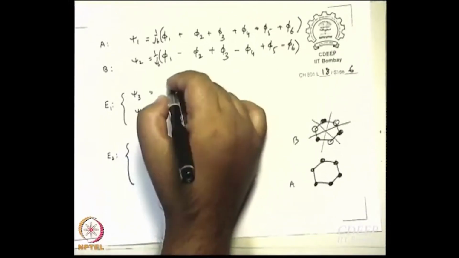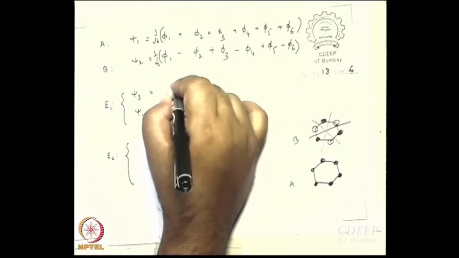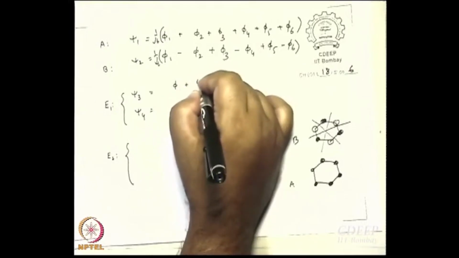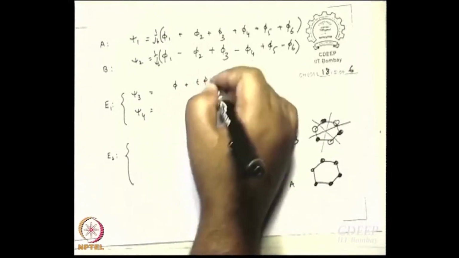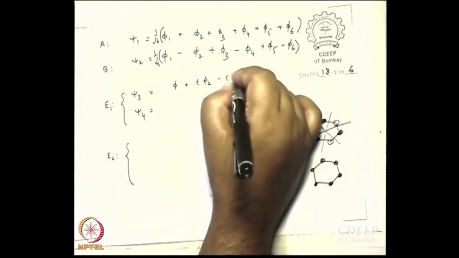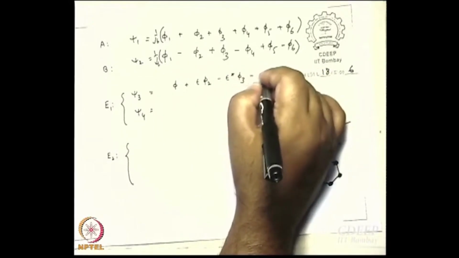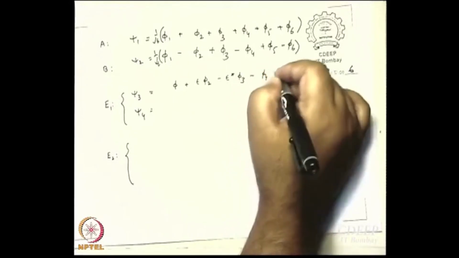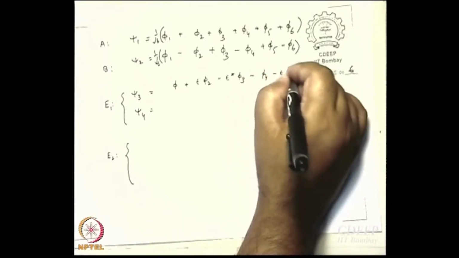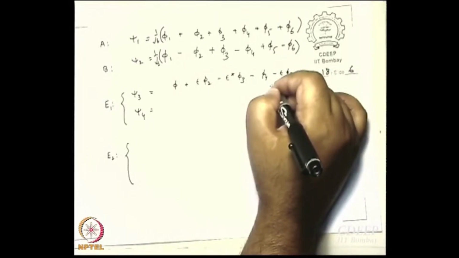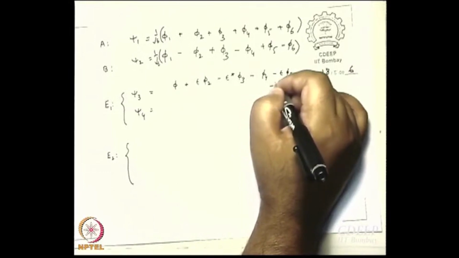So now tell me, what is psi 3? Phi 1 plus epsilon phi 2 minus epsilon star phi 3 minus phi 4, very good, epsilon phi 5, minus or plus? Plus. E1, no?